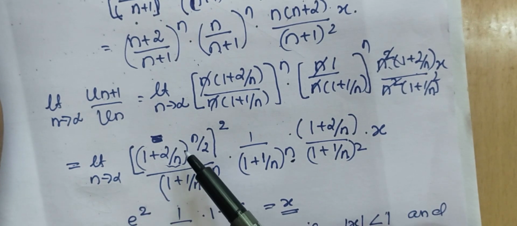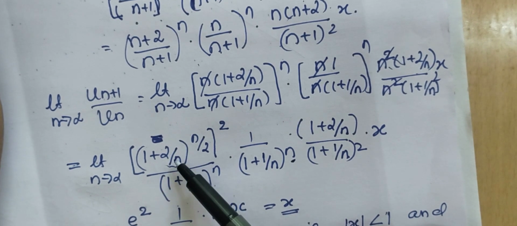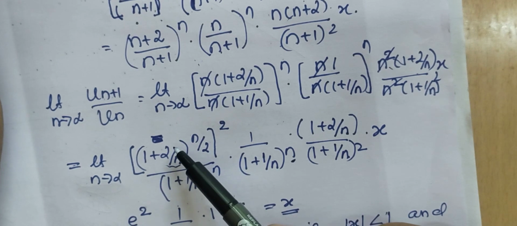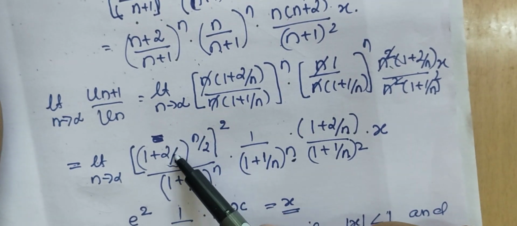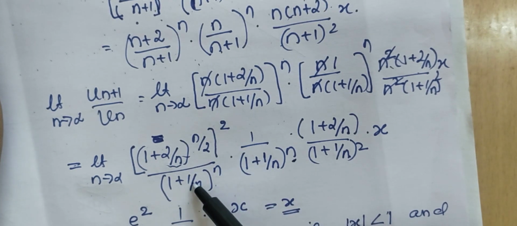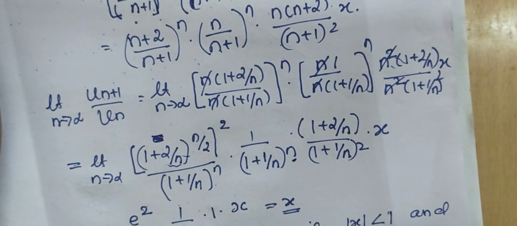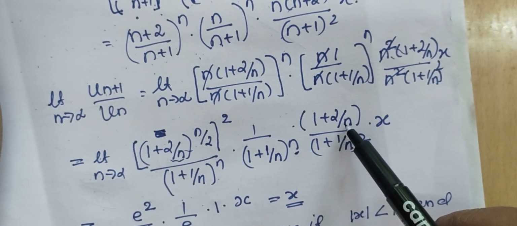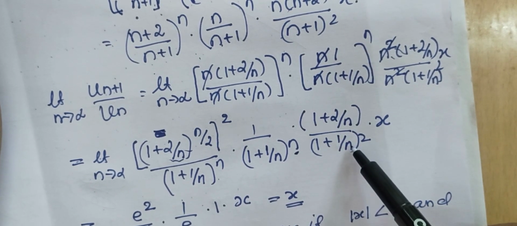Now applying the limit, this is equal to e, using the formula (1 plus 1 by n) whole power n tends to e. So this value is equal to e square, and this value is equal to e. So e square by e. Here also 1 by e, and here 2 by infinity equals 0, 1 by infinity equals 0.